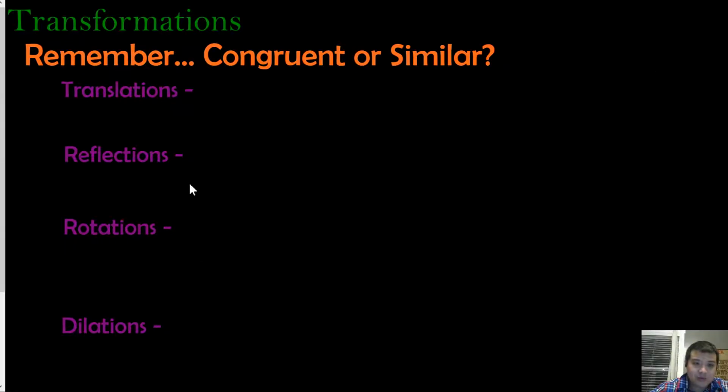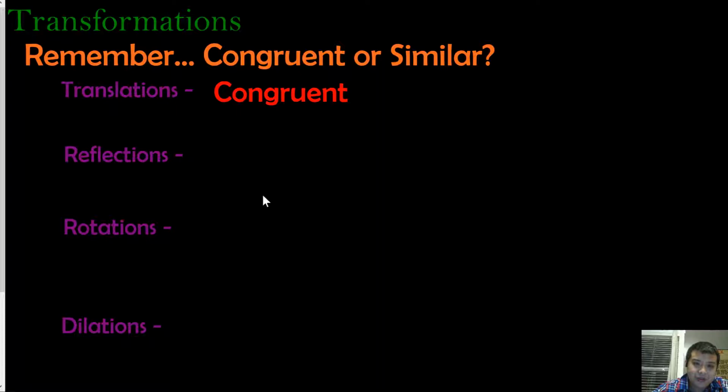So transformations, remember that there are 4 different kinds of transformations: translations, reflections, rotations, and dilations. Congruent means that the image maintains the same angles and the same lengths, while similar only maintains the same angles and has proportional sides to the pre-image. Translations do not change the lengths of the sides and keep the same image, so they are congruent.